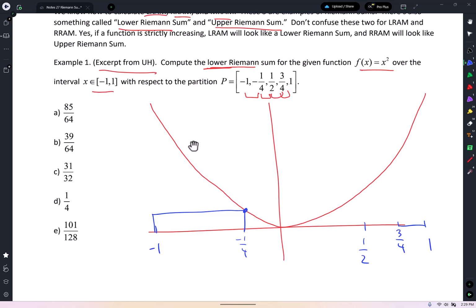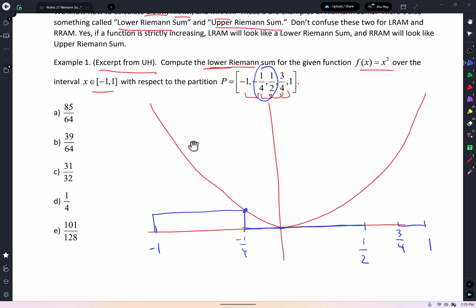So technically you don't have a rectangle, but so you guys won't get lost, draw this. See? There's my rectangle. Area of 0. Because it's a lower Riemann sum, the lowest y value on that partition is at 0. No, the partition between negative 1/4 and a half.